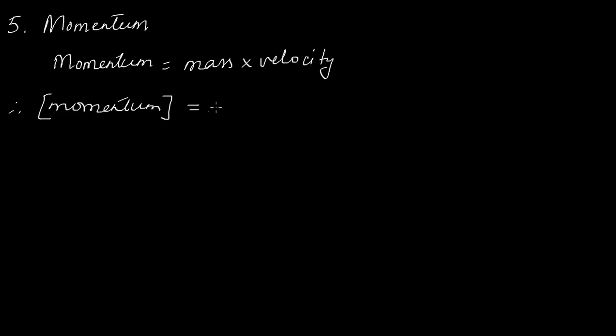Because if I write this and this, these two equations, is it the same or not? It may not look the same, but physically it is very different. This is the formula for momentum, but this is the dimensional formula for momentum. So therefore you have to write the square bracket.